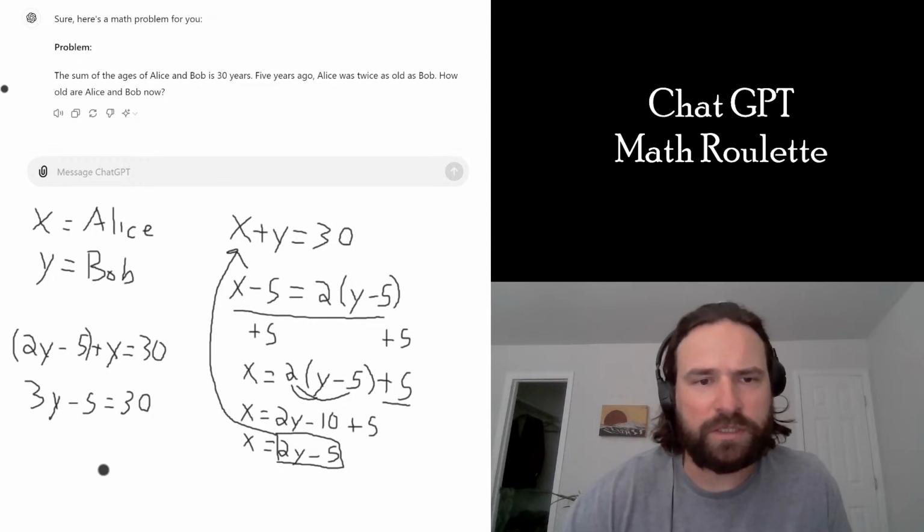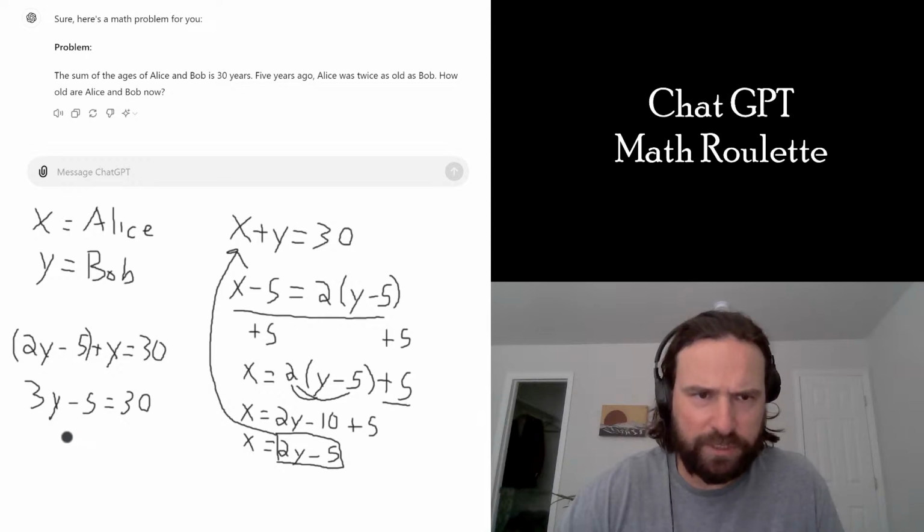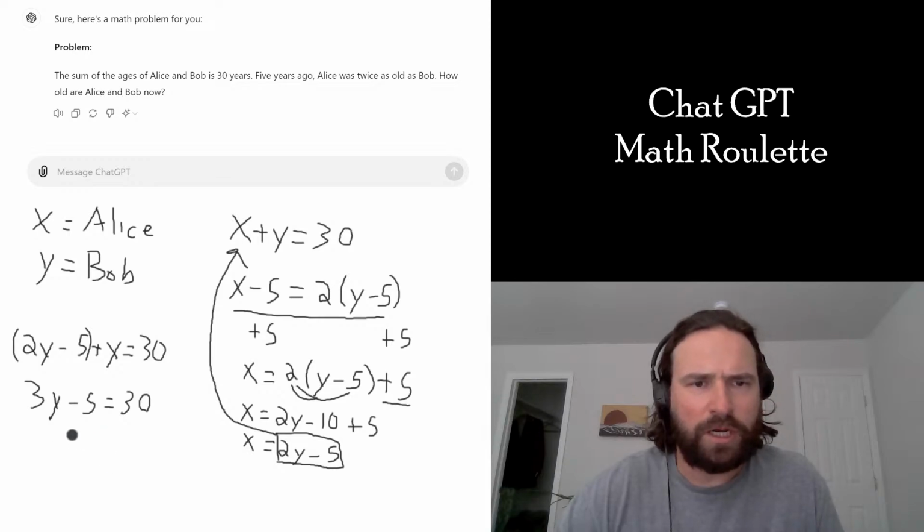It's not looking like this is going to come out to a clean number, but sometimes GPT will do that to you. So to solve this equation, now we're just solving for y. We got to get rid of this 5, add 5 to both sides. We get 3y equals 35.